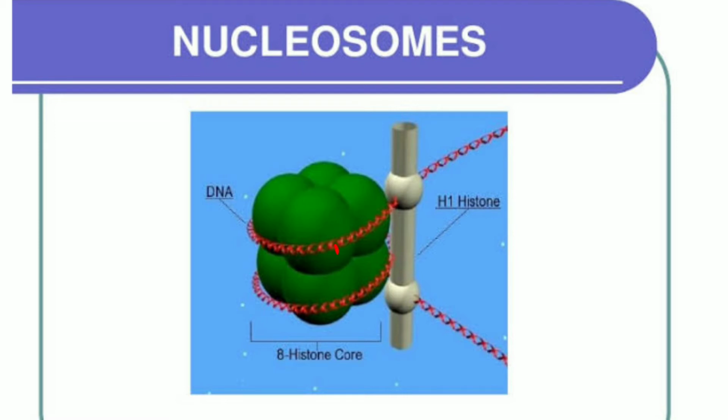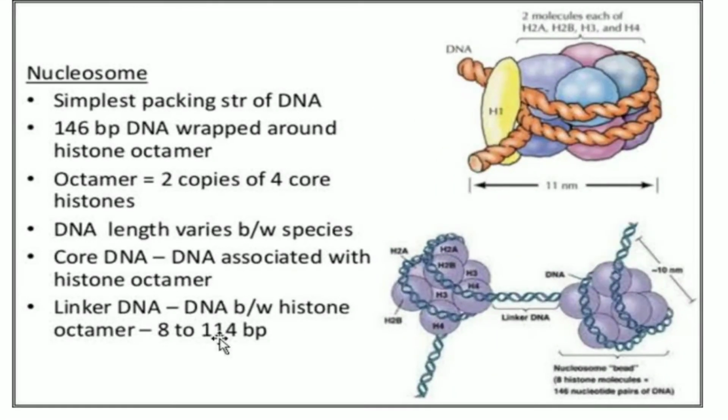Now, under the electron microscope, most of the chromatin is seen as a fiber having a diameter of about 30 nanometers. The basic form of the packed chromatin is commonly known as the 30 nanometer chromatin fiber.